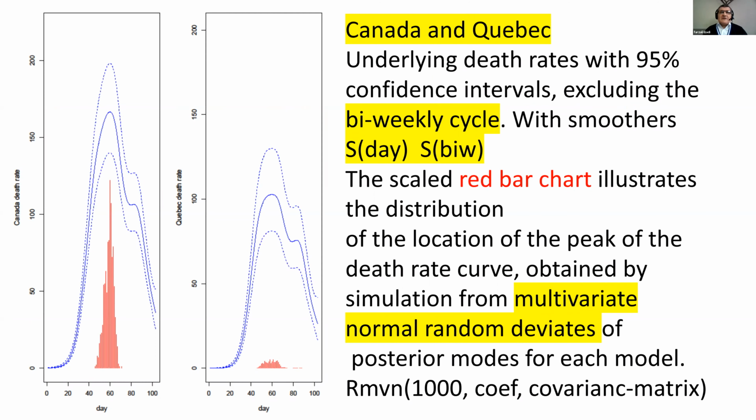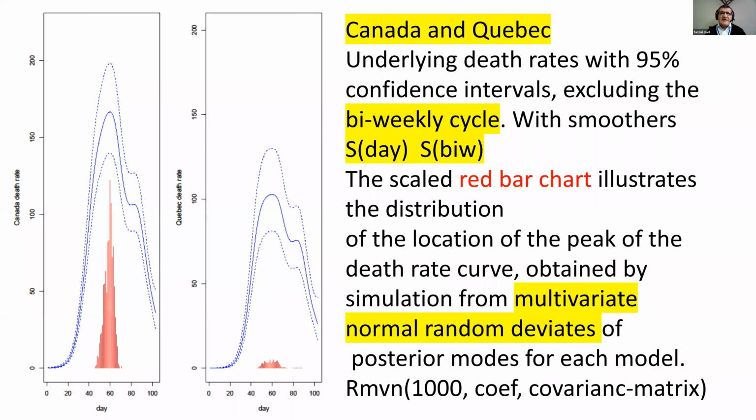This is Canada and Quebec. Canada is the left panel and Quebec is the right panel, which shows the underlying death rates with 95% confidence intervals when we exclude the biweekly cycle, with smooth functions of S of day and S of day by week.